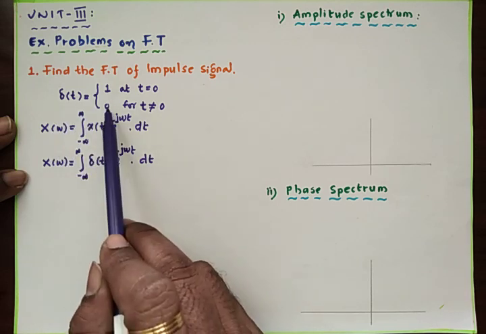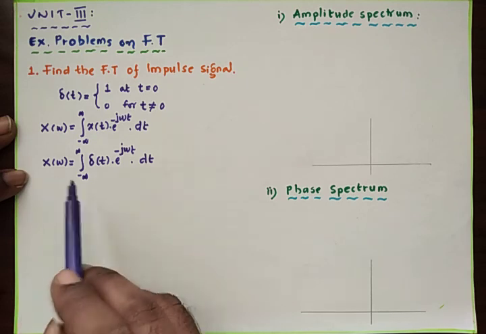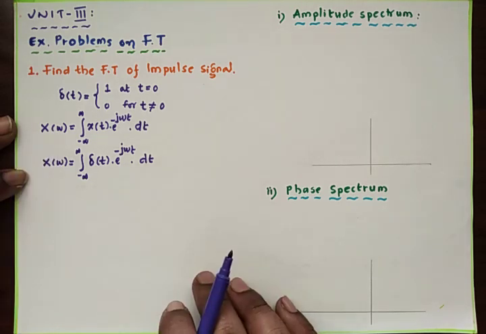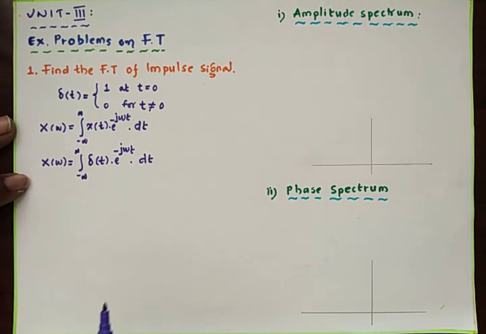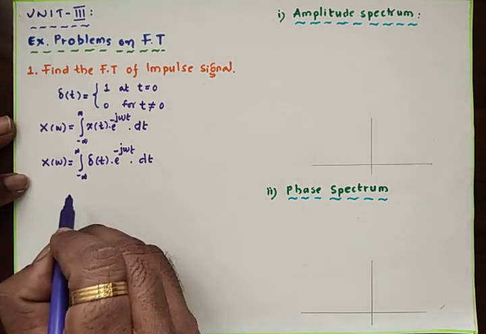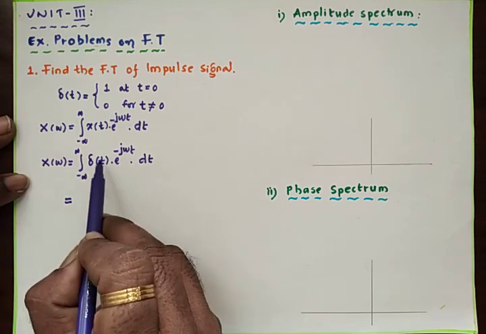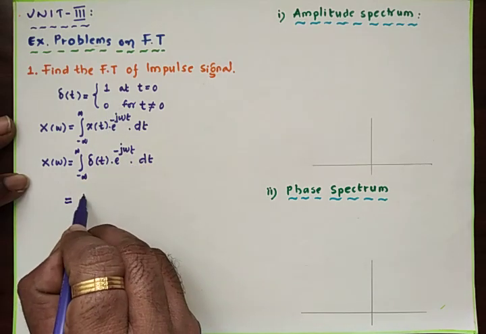For the rest, the integration will give 0 anyway, so there is no need to apply the integral from minus infinity to plus infinity. We can apply the simplification at t equals 0 only, where the amplitude of del of t is 1.